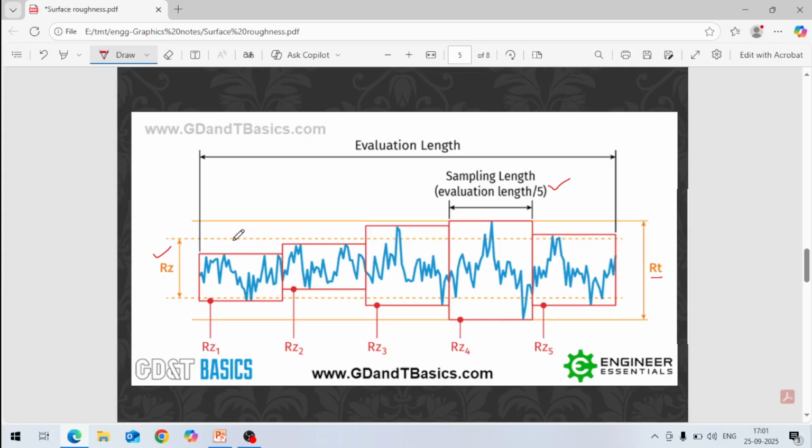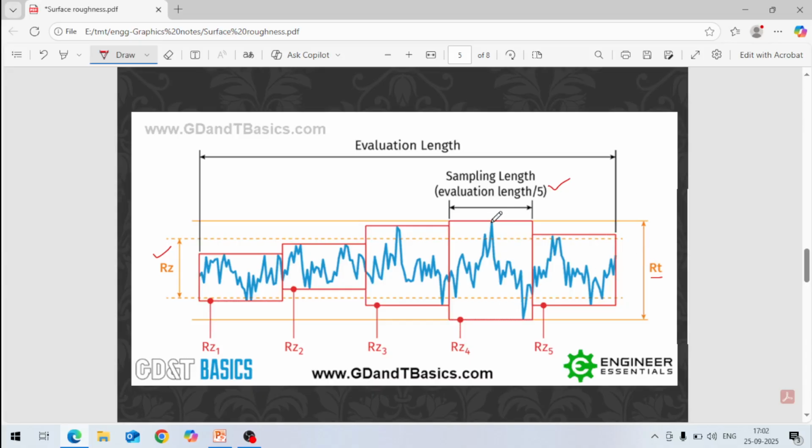And this is RT, total roughness. This is the peak value, total peak, and this deep valley, this valley and this peak. So this total distance from the peak valley and this top point is RT, meaning total roughness.